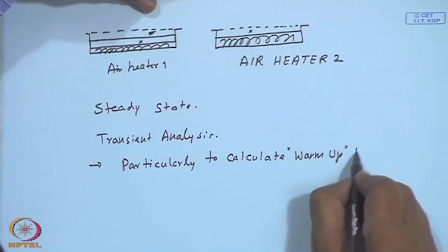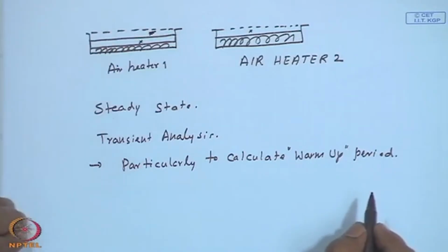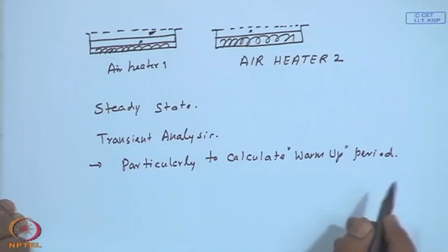The basic idea is the collector, covers, absorber, they have to reach certain temperature in order that they are able to give energy at the desired temperature from the fluid coming out of the collector. Otherwise, if the temperature is lower, the fluid cannot be heated up to the temperature.